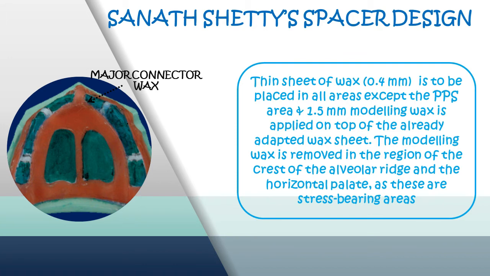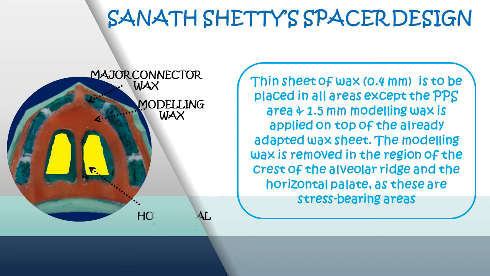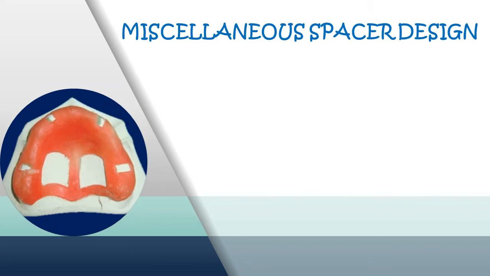This green colored wax is the major connector wax, and this red one is the modeling wax, and the yellow area will represent the horizontal plates, and the yellow dotted line will represent the crest of the ridge.